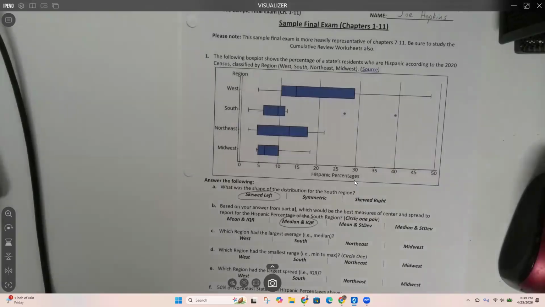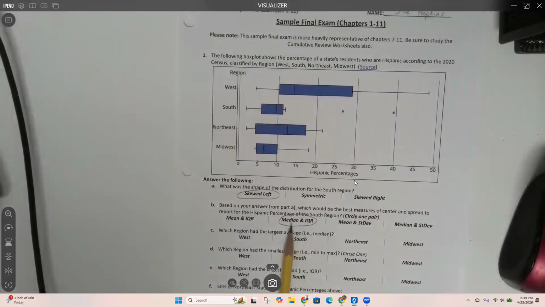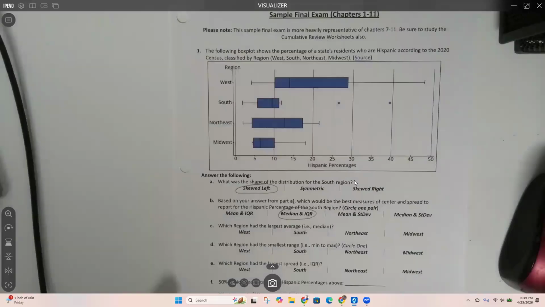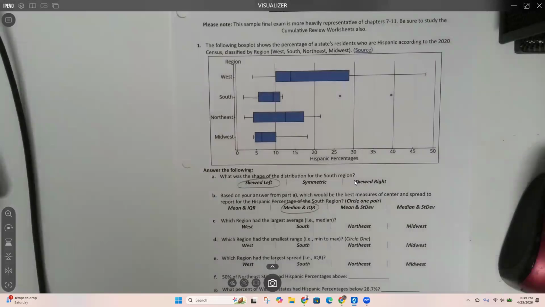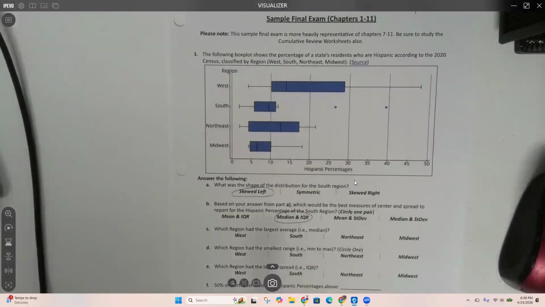But if your population is skewed and you're not doing a sample, you're doing the whole thing, like measuring home prices and I had the entire population, I would want to use median and interquartile range. Which region had the largest average? We don't actually know the mean here, so we'll use median in this case.